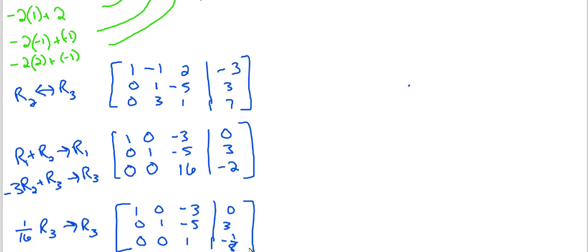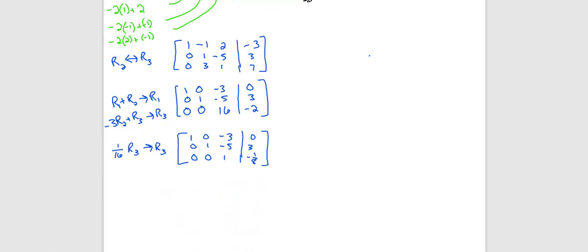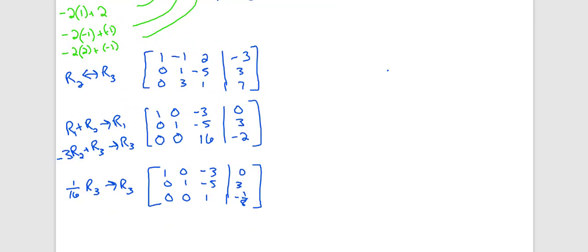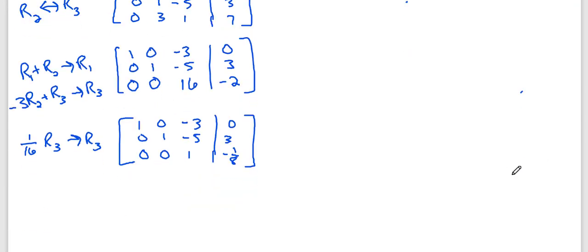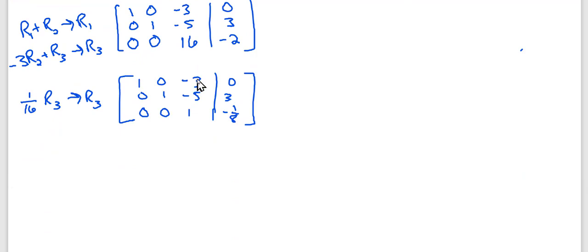Let me do this. Oh no, I have more space down here, don't I? Okay, I was thinking I was out of space. I want a 0 here and here where the negative 3 and the negative 5 are.